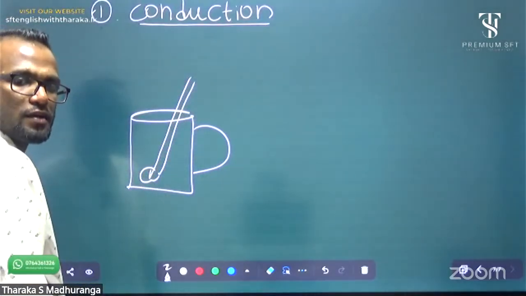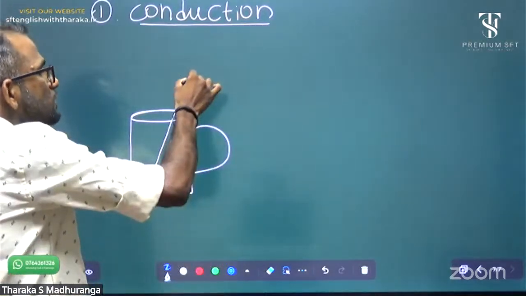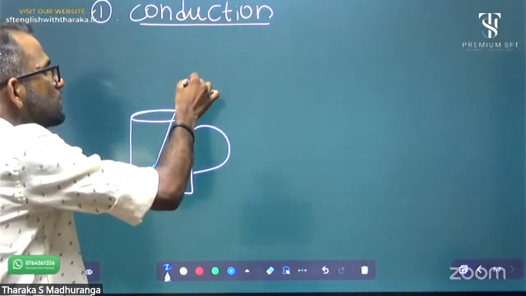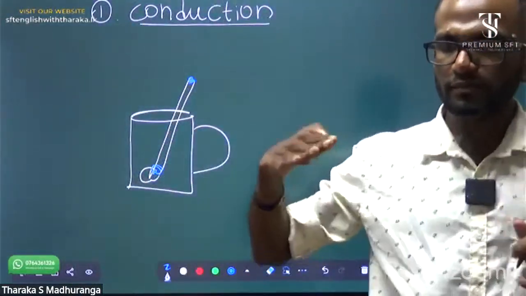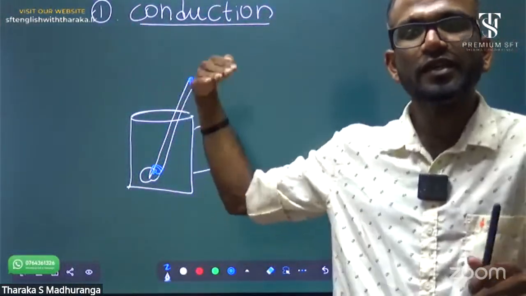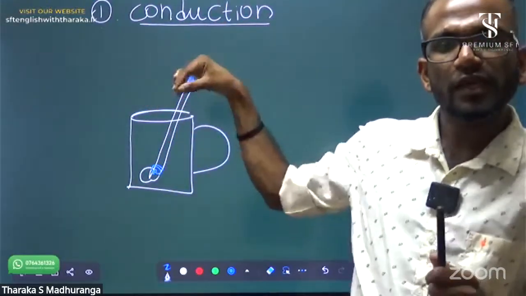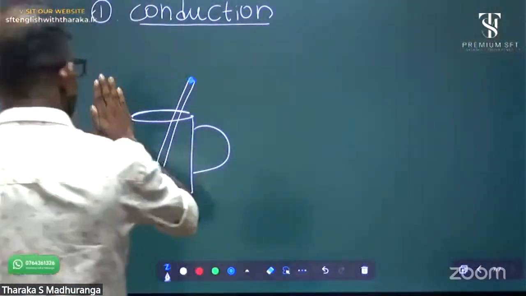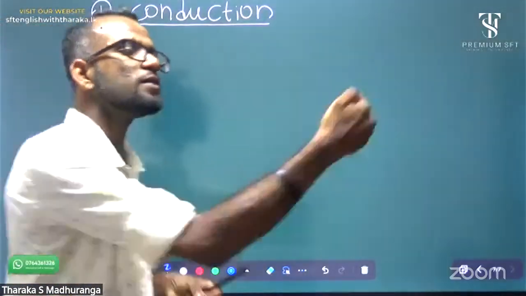Then what happened? Initially this end is heated and the other end is cool. But gradually the spoon gets heated, and the free end also heats up. This is conduction: the heat energy flowing through a solid medium.